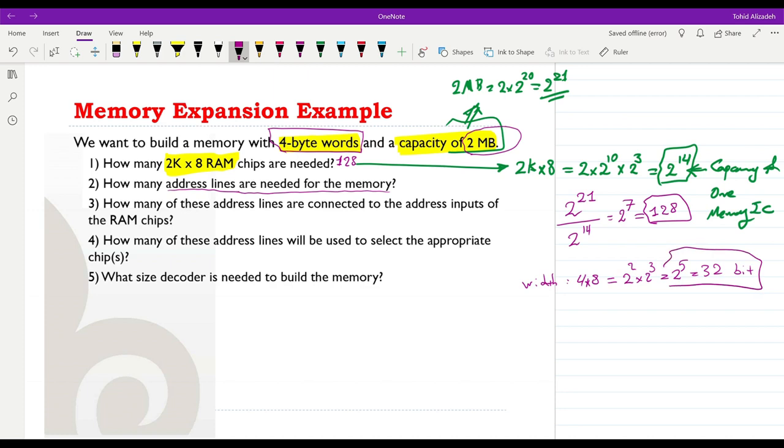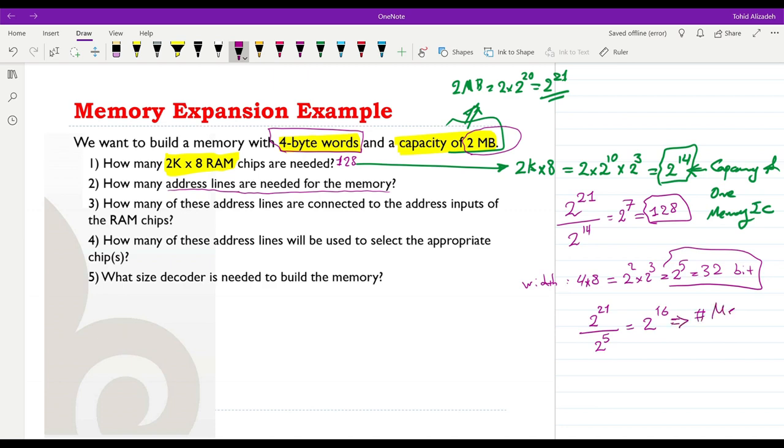We know the width for each word, we know the total capacity. If we divide the total capacity, 2 to the power of 21, by the width, which is 2 to the power of 5, we will get 2 to the power of 16, which is the number of the elements.